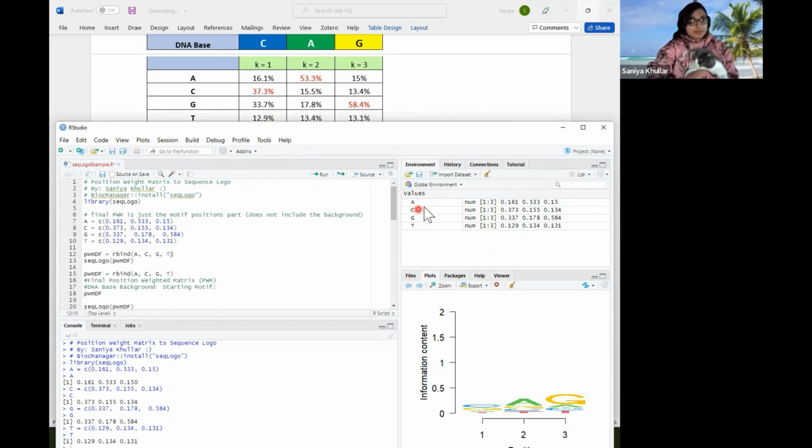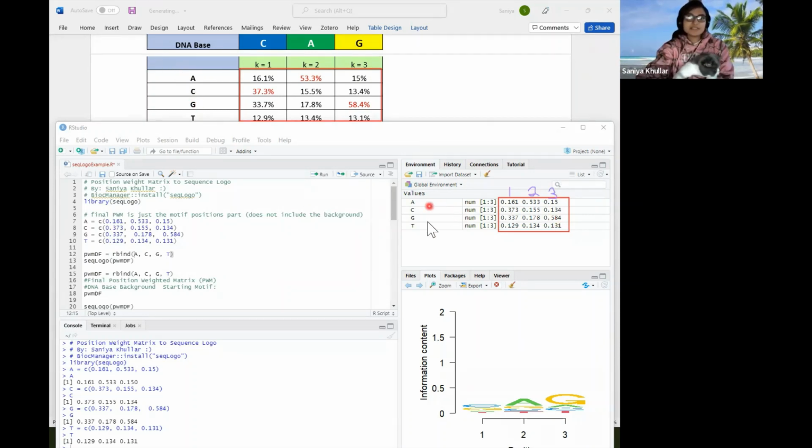So I have these four, A, C, G, T. These are the numeric values. This matrix, the PWM, position weight matrix, should line up with what we have here. What we're trying to represent are the different positions. This is position 1, K equals 1, position 2 is this column here, and this is position 3 here of the motif.